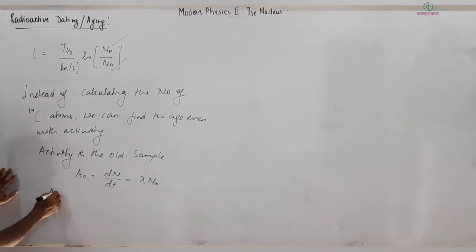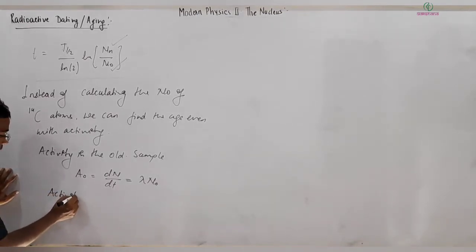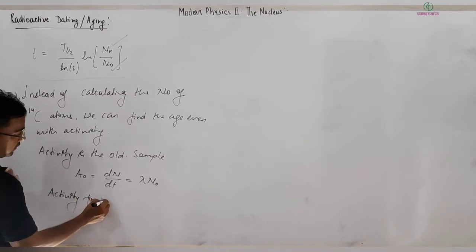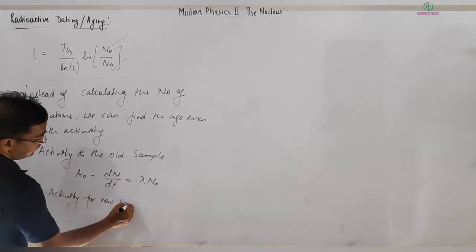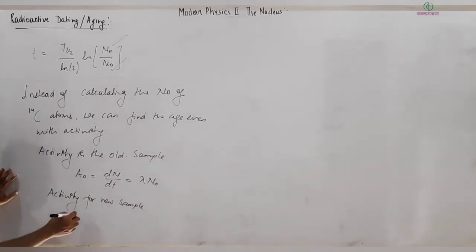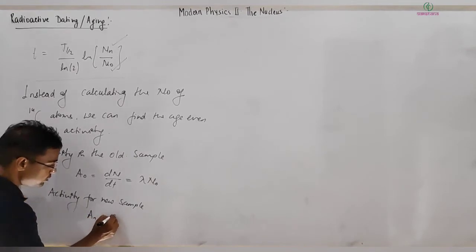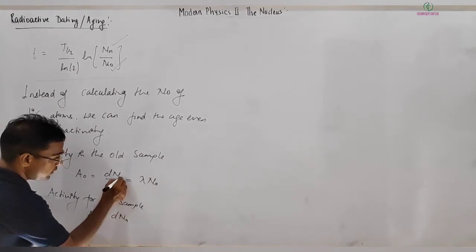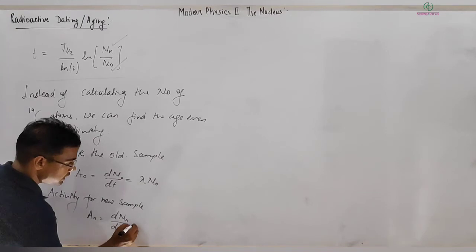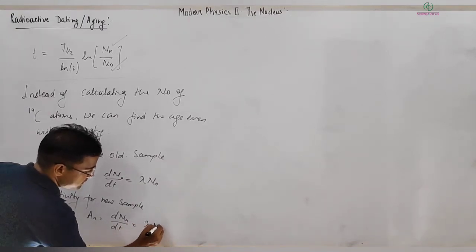Similarly, activity for the new sample, we can write A new = dN/dt, and that is equal to lambda times N new.